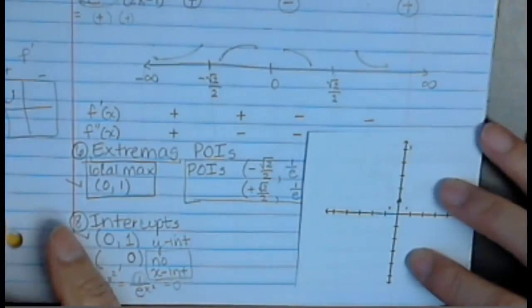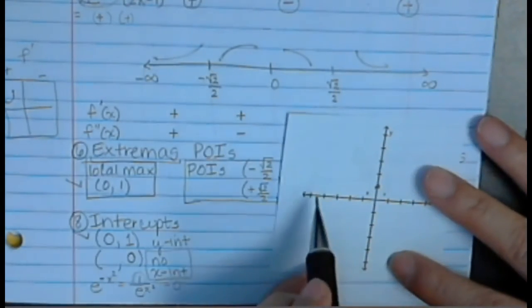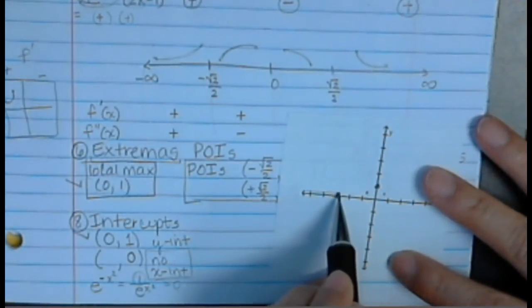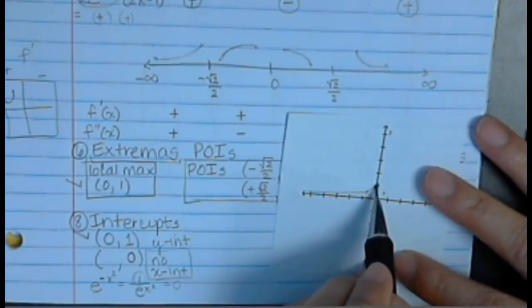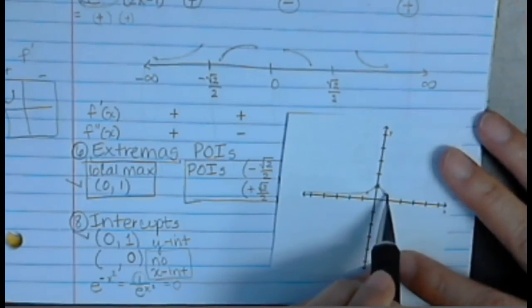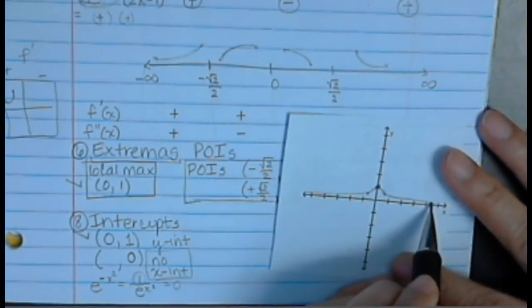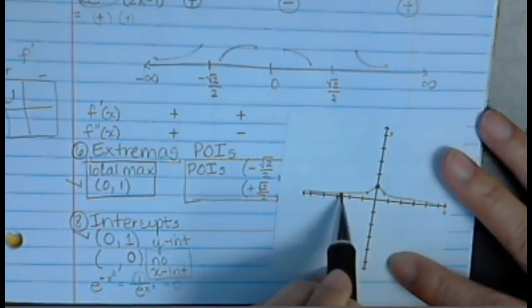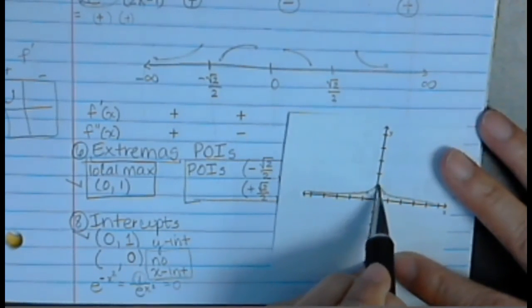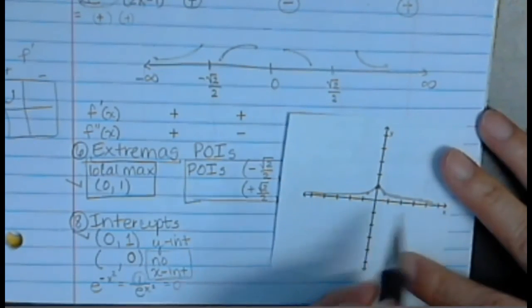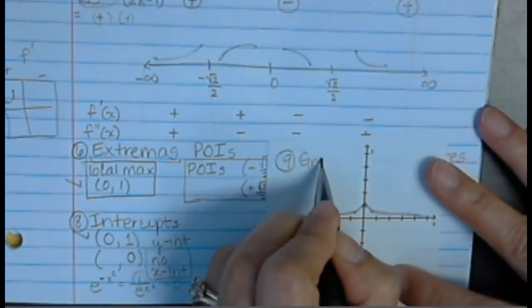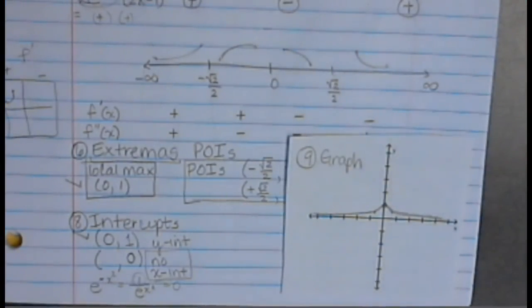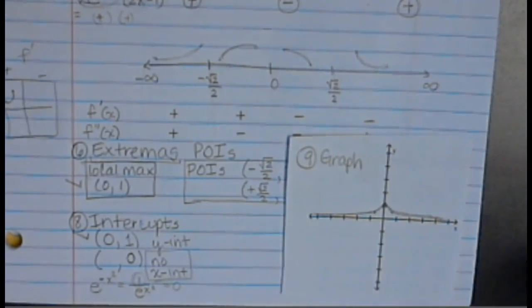According to our concavity, we should see something coming up from over here until we get to here, and then concave down, and then concave up going this way. So you can look in your graphing calculator. That would be step number 9, to see if that can help you in terms of graphing. So this is step number 9, which is to graph. And that concludes the video for graphing functions using the first and second derivative test.